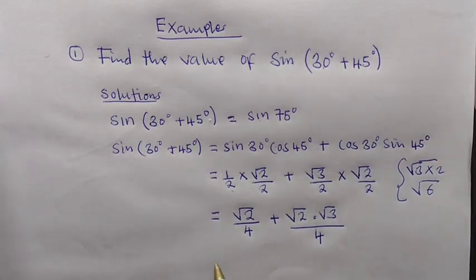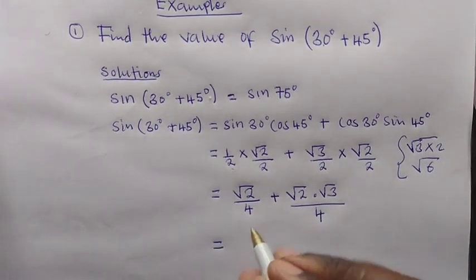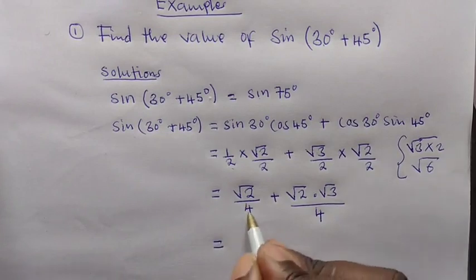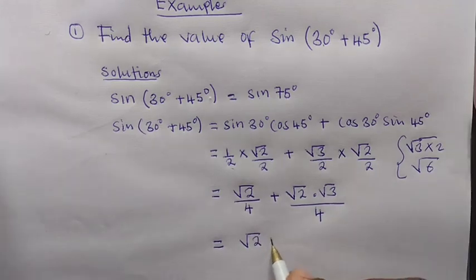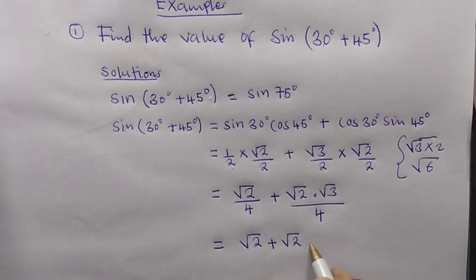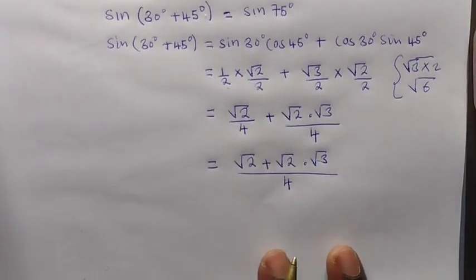From that stage, we can try to simplify. Since the denominators are the same, we can say root of 2 plus root of 2 times root of 3, divided by 4, which is the common denominator.